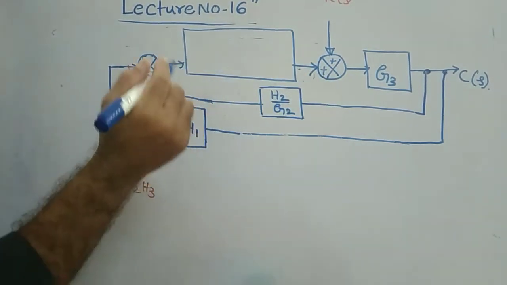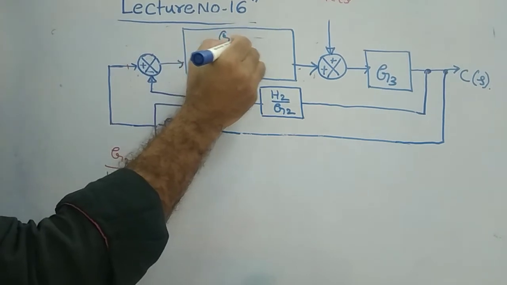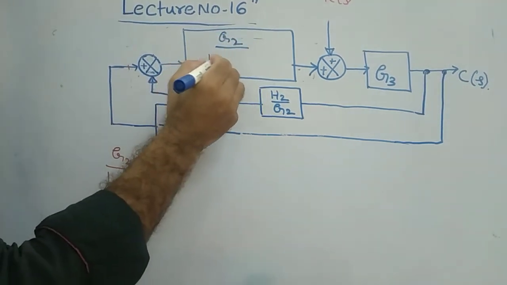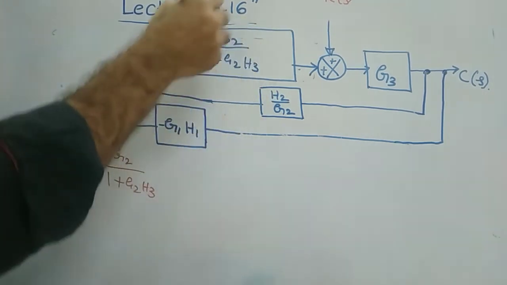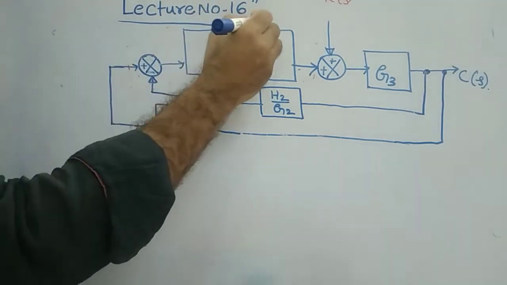What I will write here: G2 by 1 plus G2 into H3, because I have eliminated the negative feedback loop.